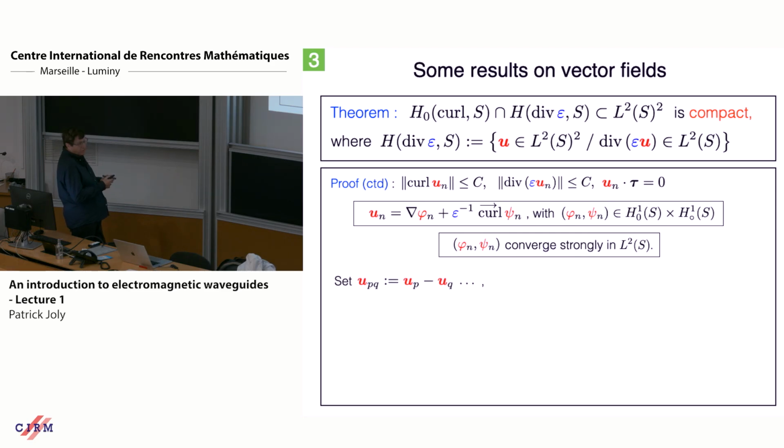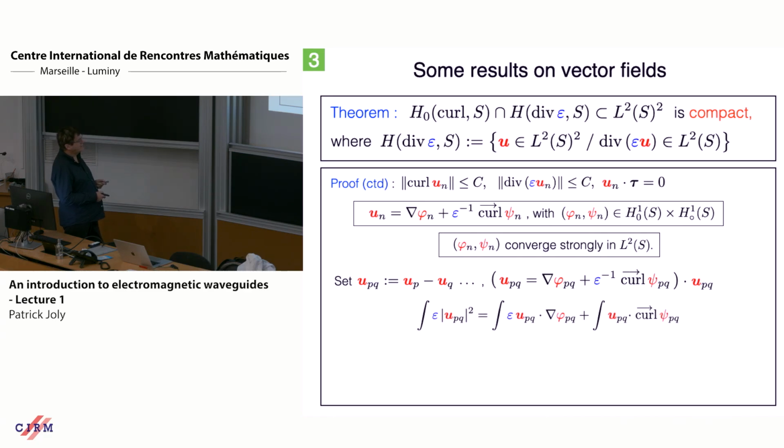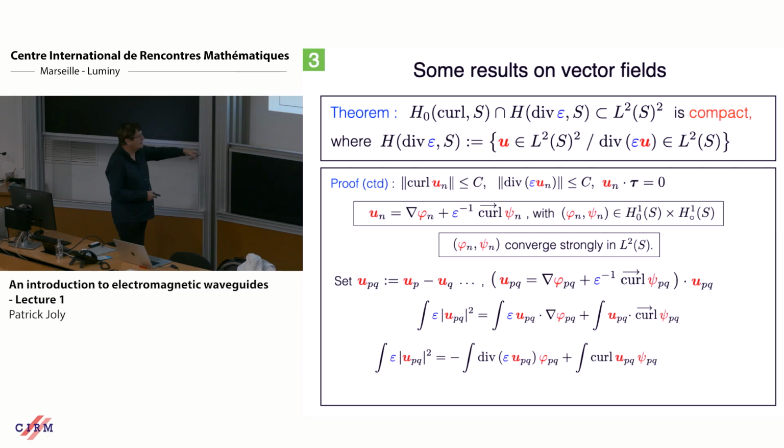Then I will show that U is a Cauchy sequence. I introduce the differences and the corresponding Helmholtz decomposition. And I take the cross product of this by UPQ, and then I integrate. And you get this. And this is finished because if you apply Green's formula to the first part, you make appear the divergence of UPQ.